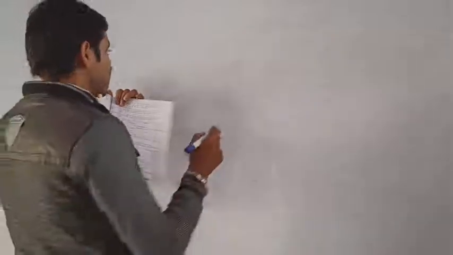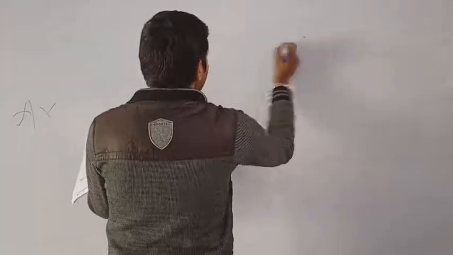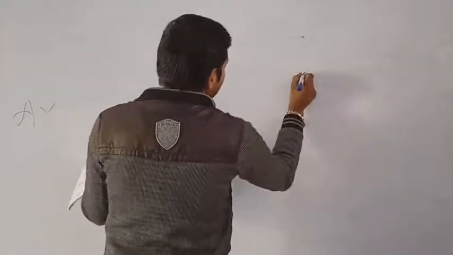Now in our next example, the properties of angles formed by a transversal with two parallel lines. Here you are given two parallel lines.